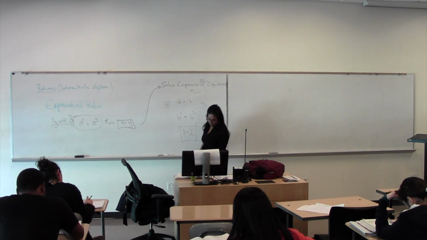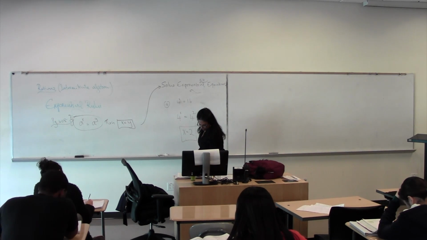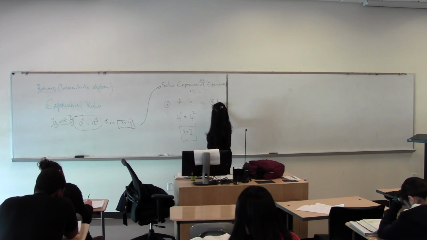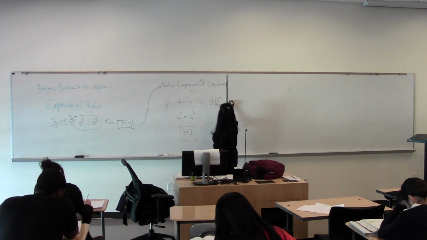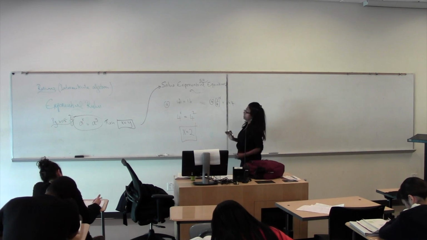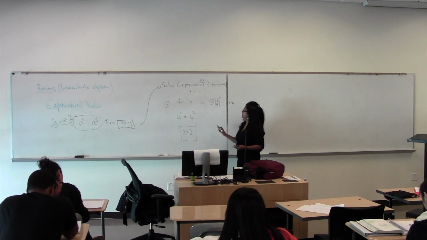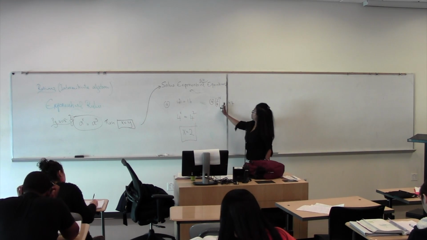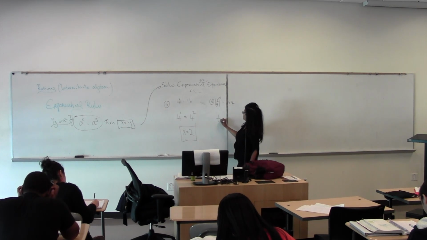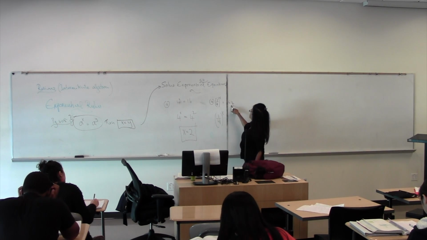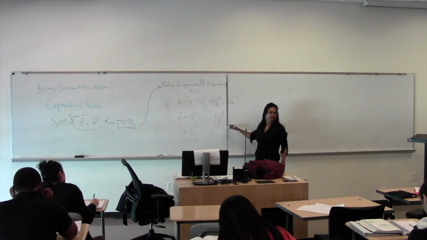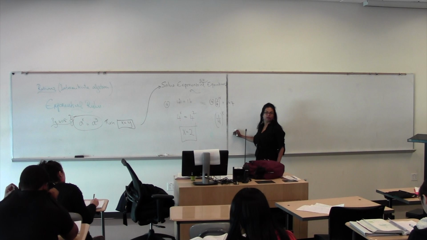Very easy. Okay, now let's do number 16: 1/4 to the power x is equal to 64. How will you do this? We know this side is 1/4, so we need to write 64 in terms of 1/4 to a power.